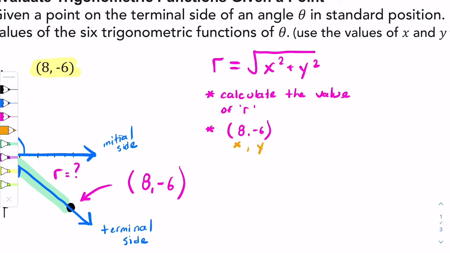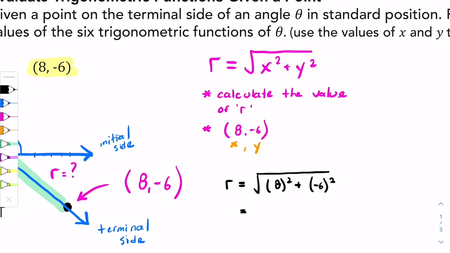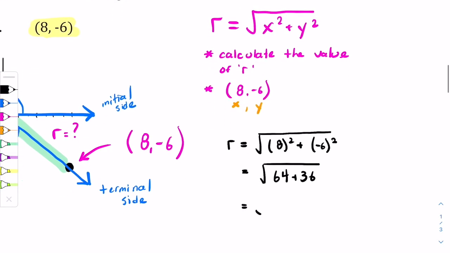Okay, so to start filling this in, I have r equals the square root. X squared would be 8 squared plus y squared, which is negative 6 squared. This simplifies to 64 plus 36 underneath my square root symbol. 64 plus 36 is equal to the square root of 100.